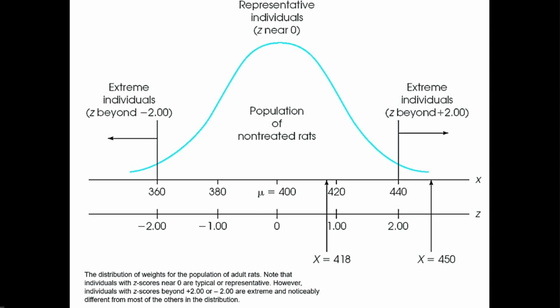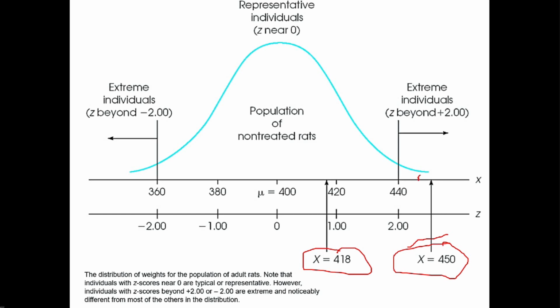So if we've got a score for one group of 418, we see that it's almost a standard deviation above the mean, and then 450 is 2 standard deviations above the mean. So we would think, and we'll get into this probability piece in a minute, that this is no longer part of our population just because it's so extreme.